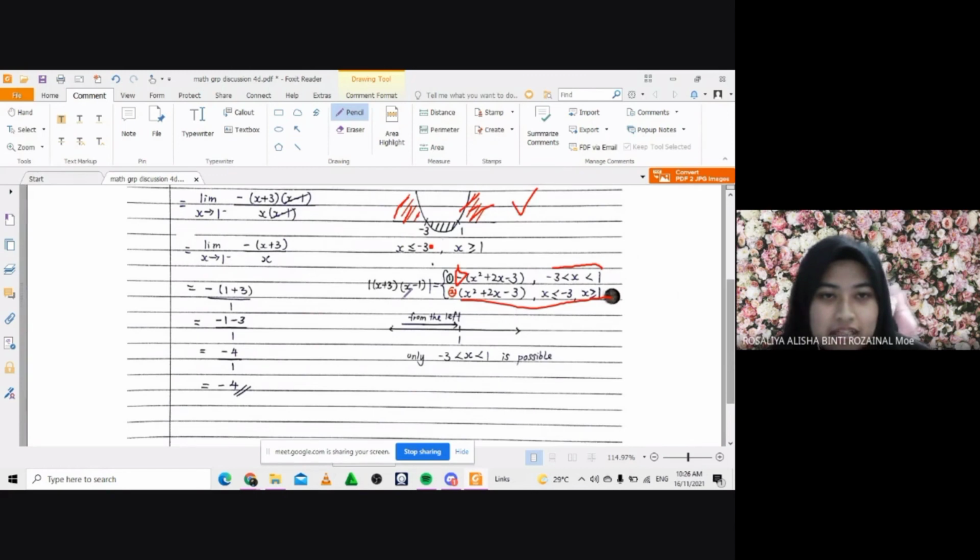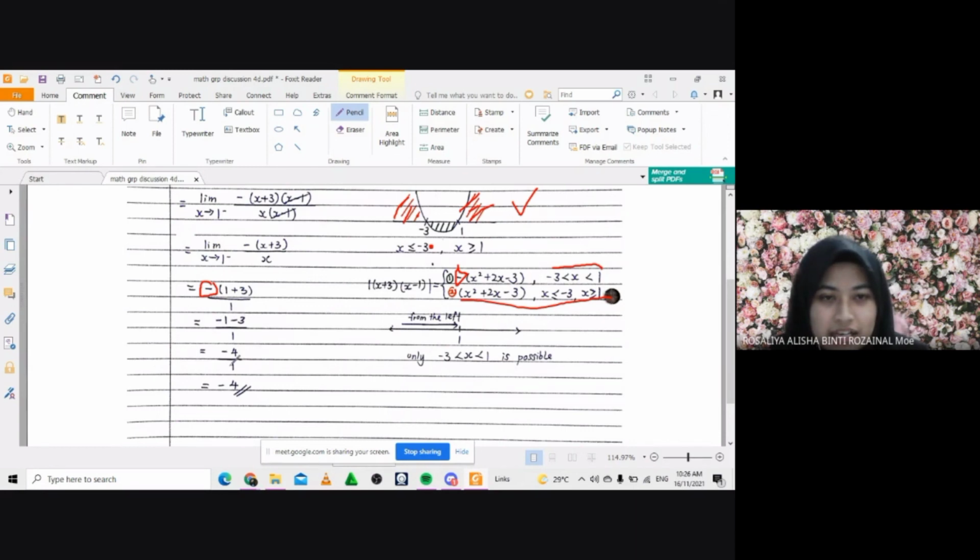And then we can finally sub x approaching 1. We can sub the 1 into x, and it will become negative bracket 1 plus 3 over 1. And this negative must be remembered to sub into the bracket. So it will become negative 1 and negative 3 over 1.